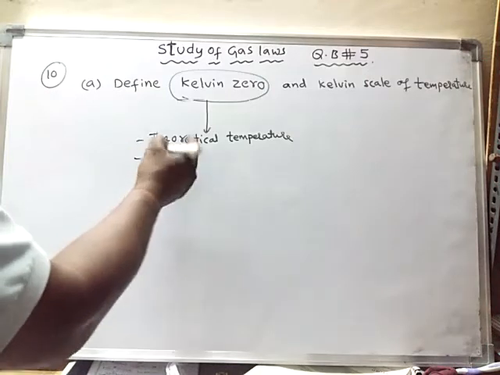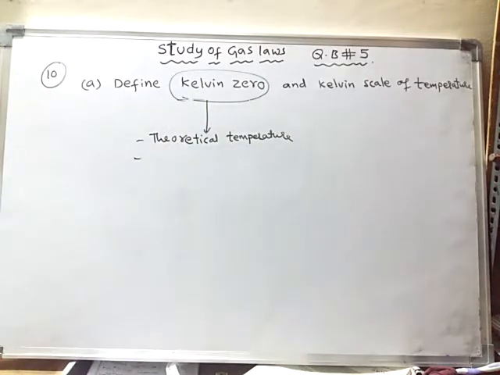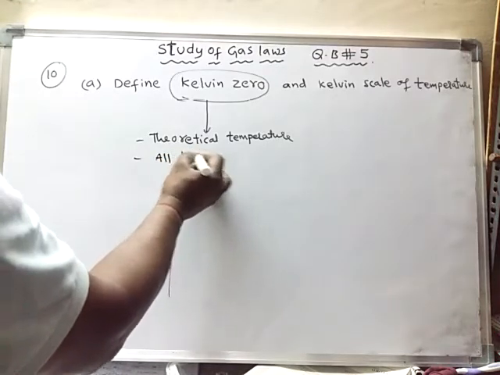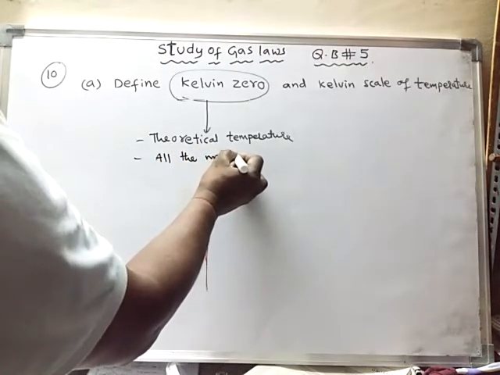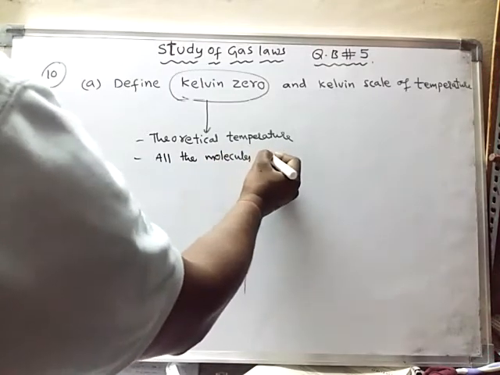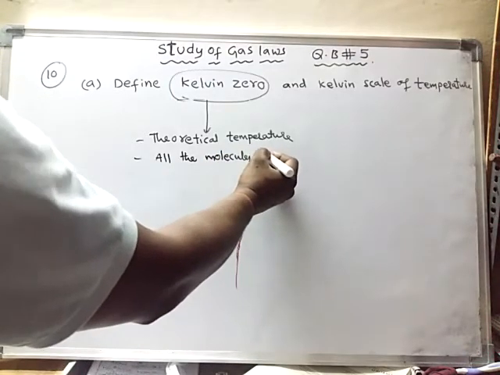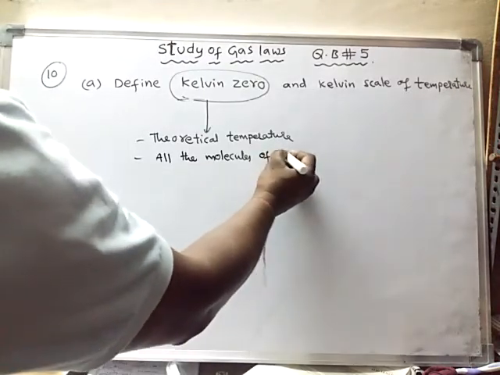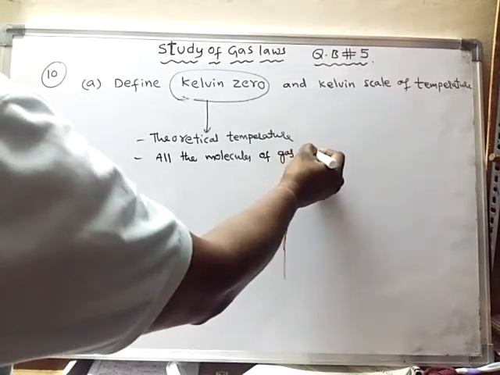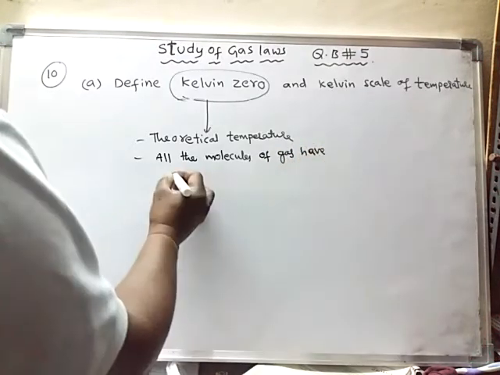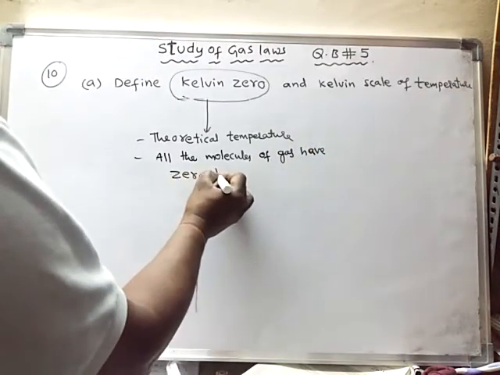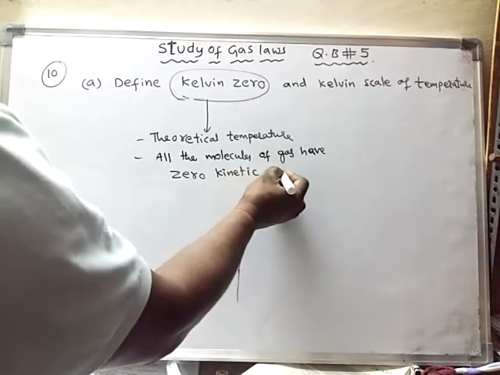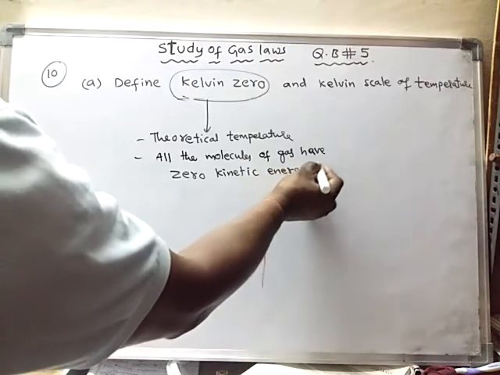And at this Kelvin 0, what happens? All the molecules of gas have zero kinetic energy. What is the meaning of zero kinetic energy?